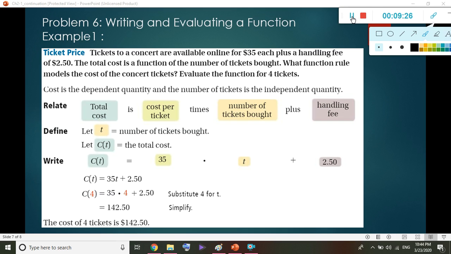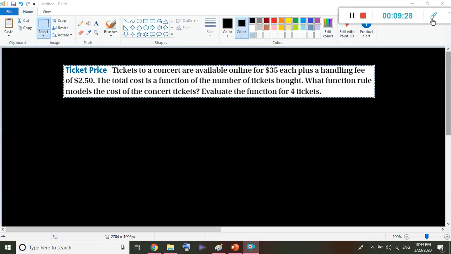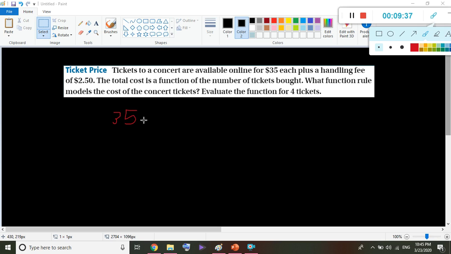So let's now write it over here. Okay, so let's see here. He said 35 each. It means 35 each. We say x is the variable here, the tickets that we have, plus a handling fee.